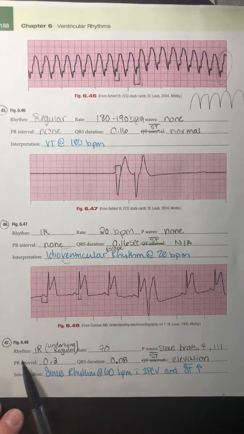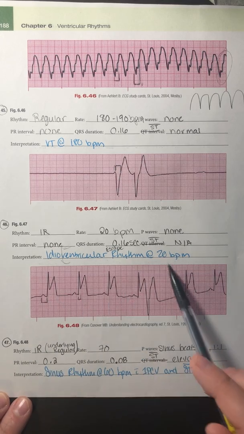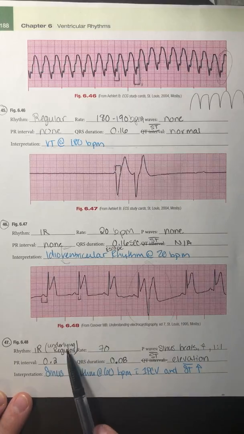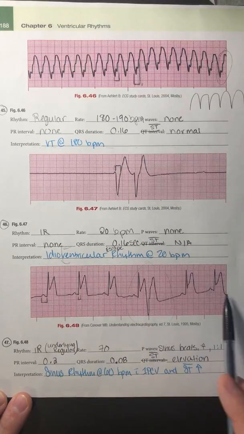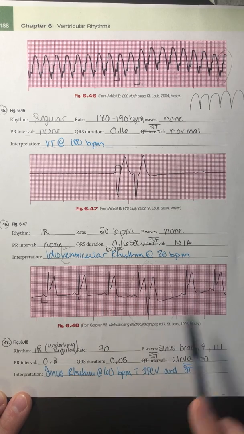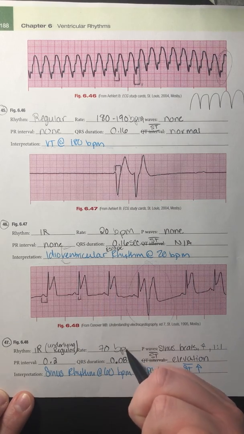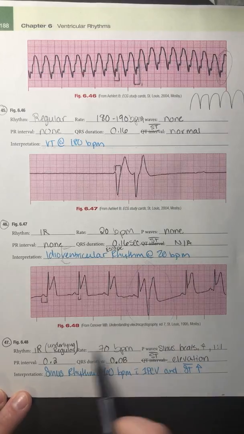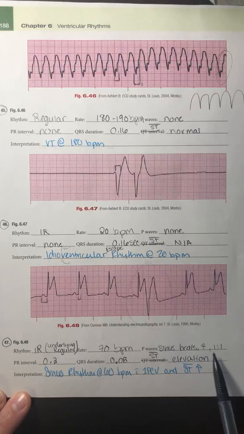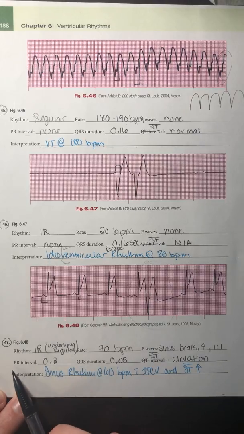We're going to look at number 47 or figure 6.48. My rhythm is irregular, mostly because of this guy right here. I did put in parentheses, my underlying rhythm is regular. My rate, I have 1, 2, 3, 4, 5, 6, 7, times 10, gave me that 70 beats per minute. I do have P waves with my sinus beats, and they are upright and they are all uniform.